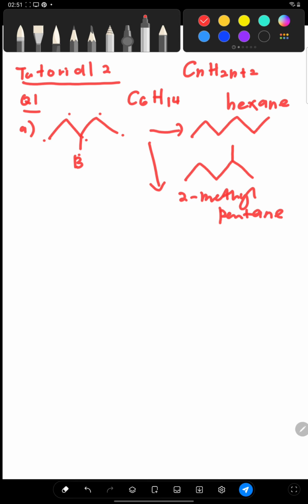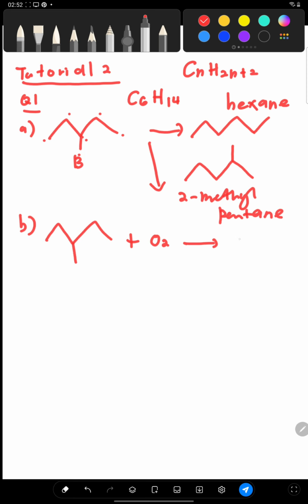For question B, predict the balanced chemical equation for the complete combustion of compound B. When we talk about complete combustion, always remember it will produce CO2 plus H2O, plus O2.